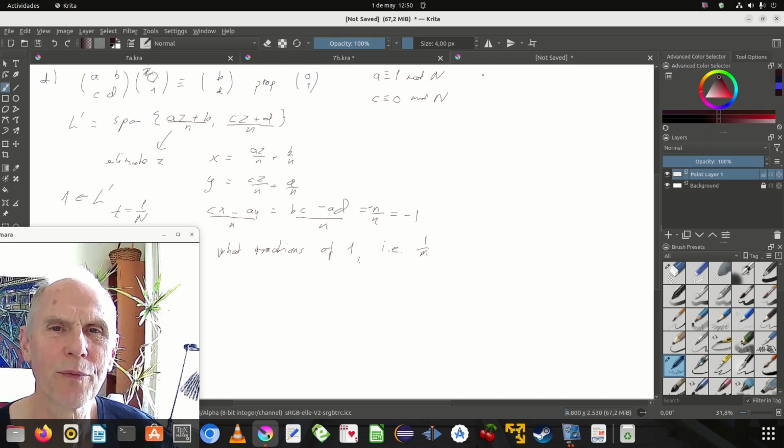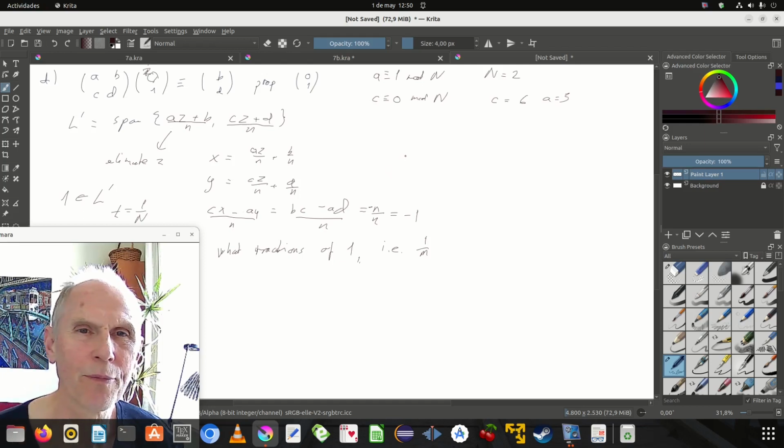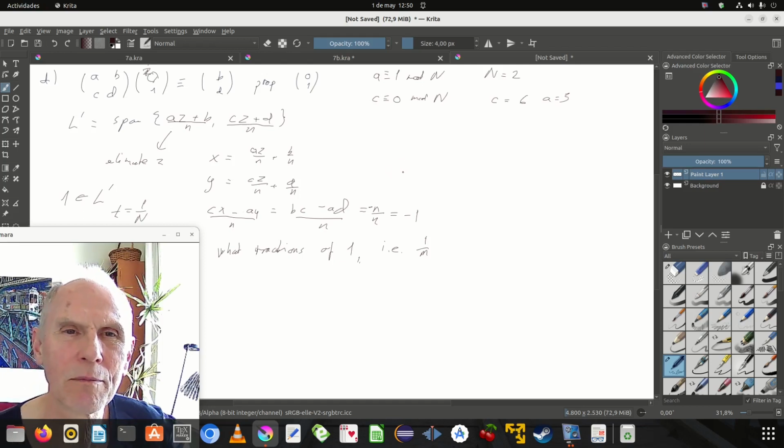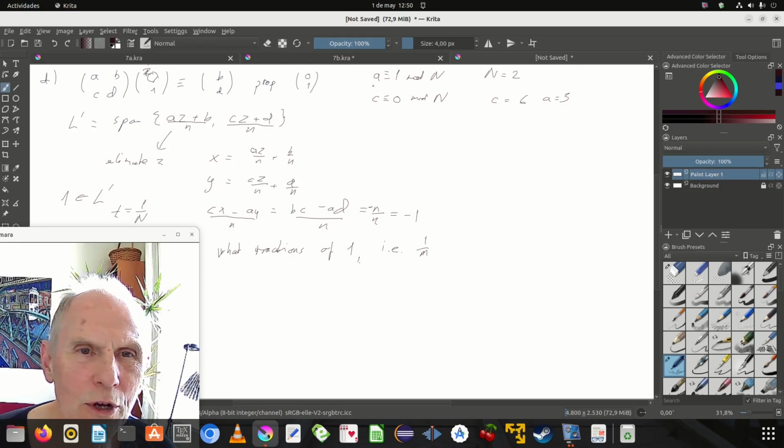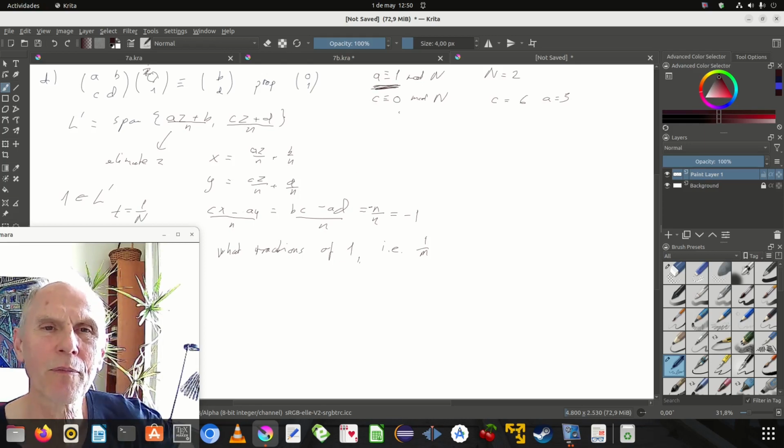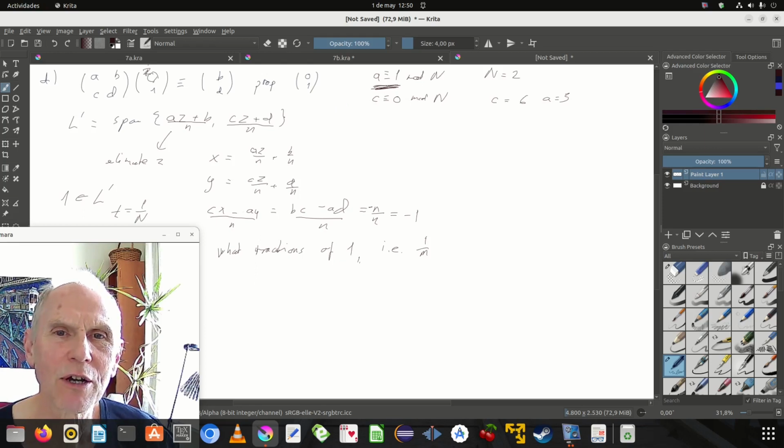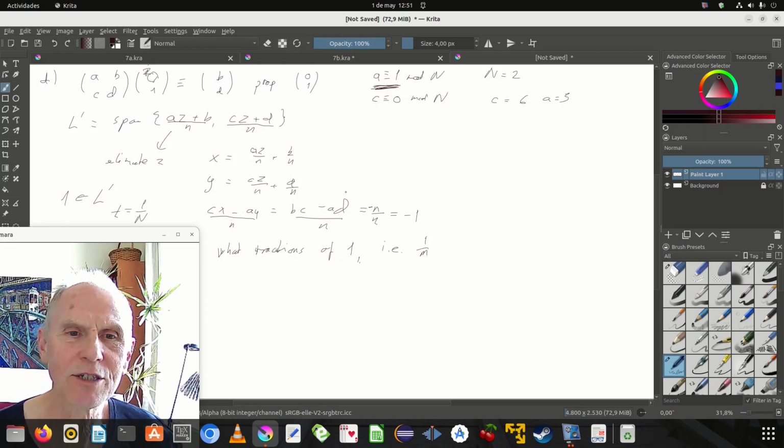Example, n equals 2, C equals 6, and A equals 3. But, of course, this denominator cannot have a divisor that n has as well.